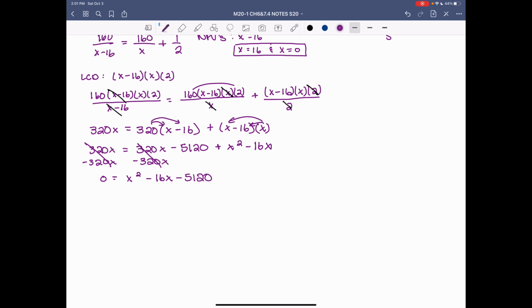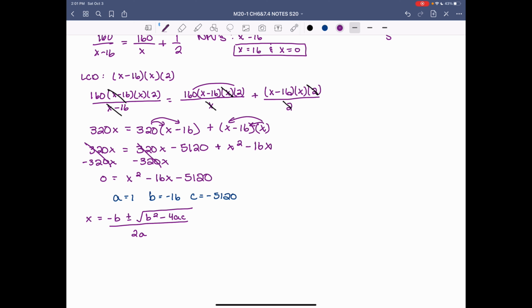I'm not going to try to factor this, so let's use the quadratic formula. Our a value would equal 1, b equals negative 16, and c is negative 5,120. Quadratic formula is x equals negative b plus minus the square root of b squared minus 4ac, all divided by 2a.